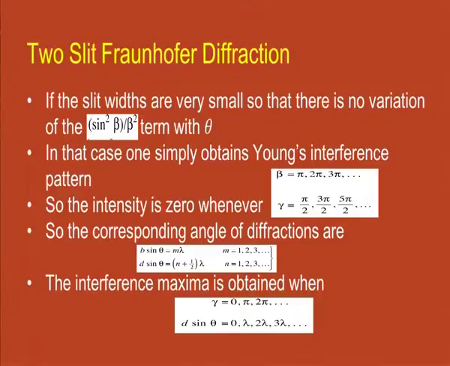The interference maxima are obtained when gamma is equal to 0, pi, 2 pi and so on, or d sin theta is equal to 0, lambda, 2 lambda, 3 lambda and so on.